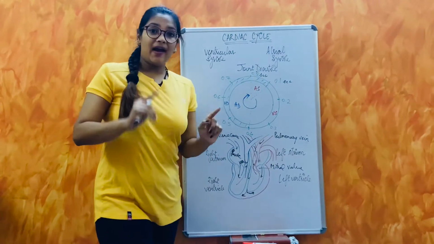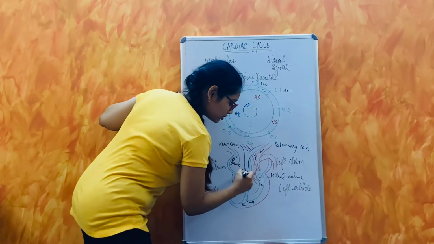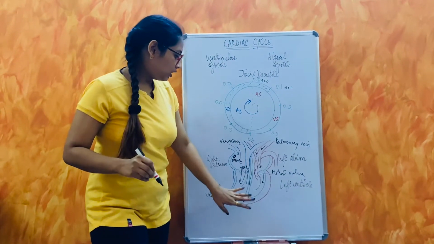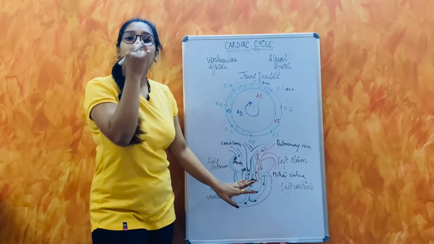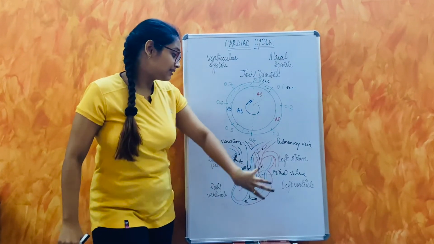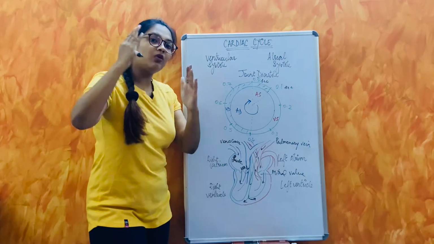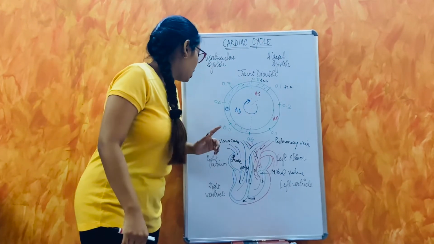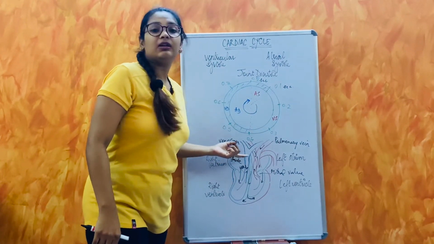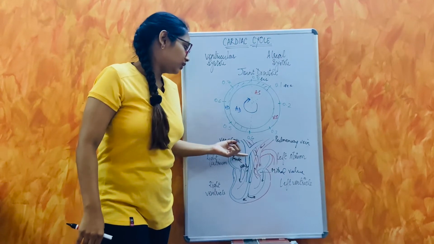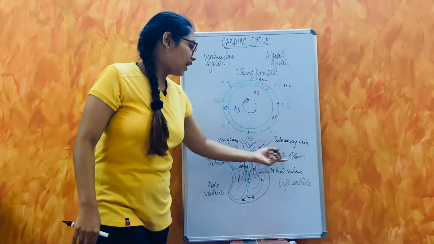So these valves play a very important role in preventing the backflow of the blood from the ventricles to the atria. While the semilunar valves, which are in the vessels, open up, and because of the increase in pressure in the ventricles as compared to these vessels, the blood flows into these vessels, namely the pulmonary artery and the aorta.